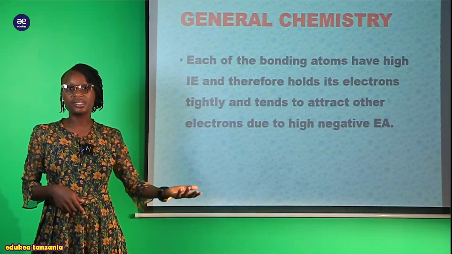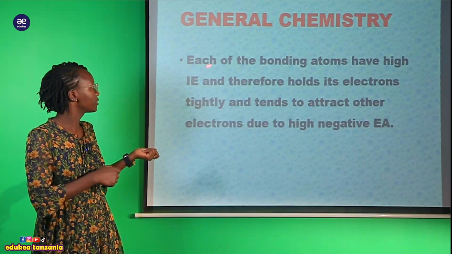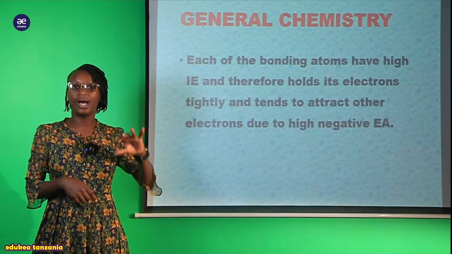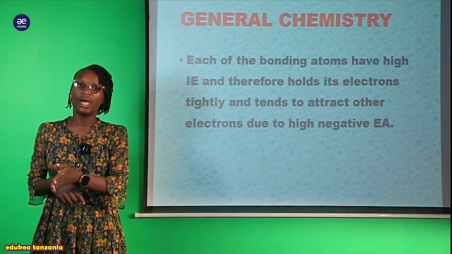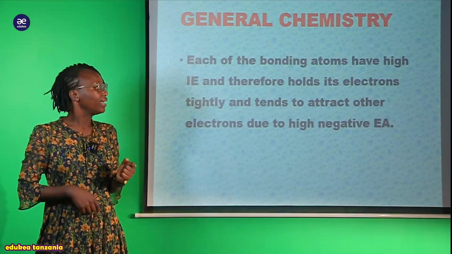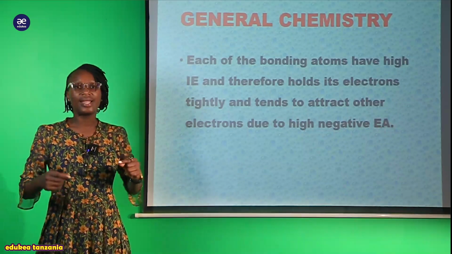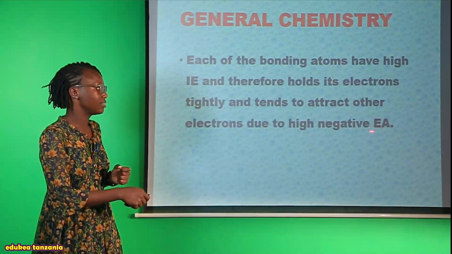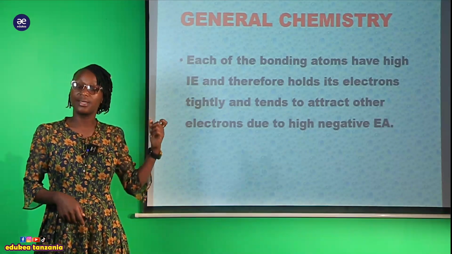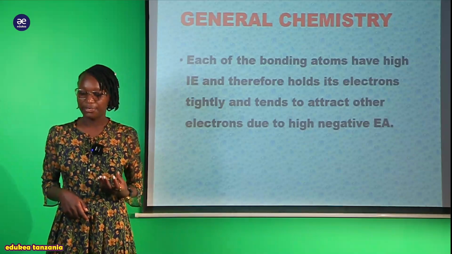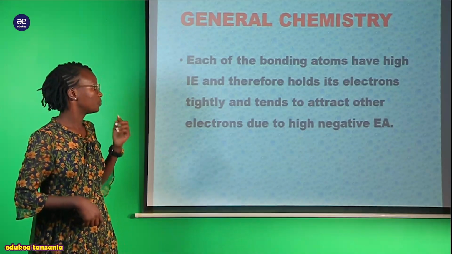Tukaona kwamba metals they tend to involve ionization energy, ambapo zinakuwa converted from the atomic gases kwenda kwenye gases in ion. Lakini electron affinity tunaangalia ile ability of attracting the electron. So this is for nonmetals. Kwa hiyo ionization energy is for metals, but electron affinity for nonmetals.